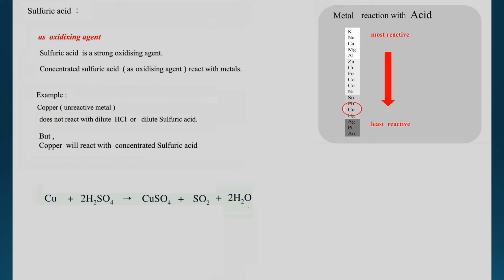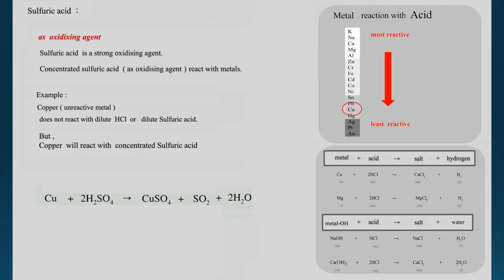So why would it react? Secondly, if there is a reaction, acid reacts with metal to form salt and hydrogen gas. Acid reacts with metal hydroxide to form salt and water. Look at this equation. It forms salt and water. And what is this?